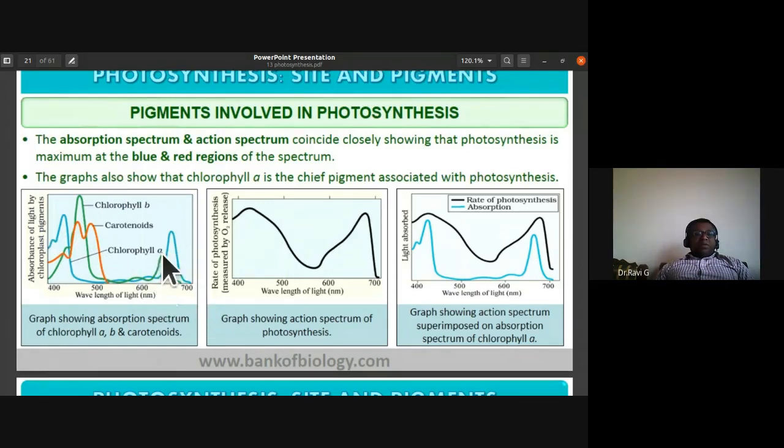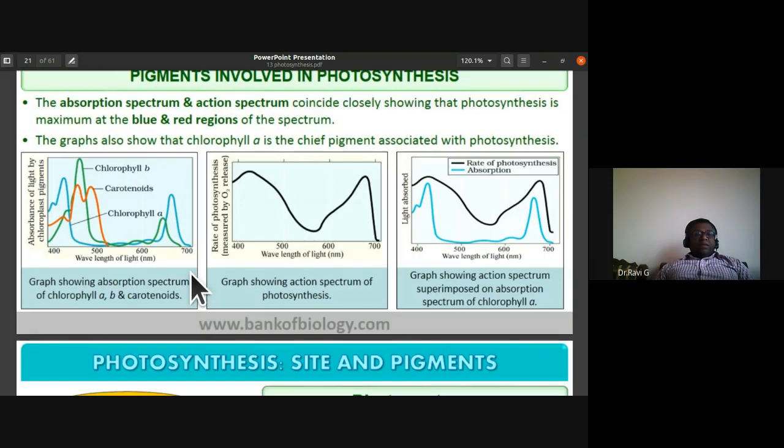So we have to notice that particular feature of it. This graph also shows that chlorophyll A is the chief pigment associated with photosynthesis.